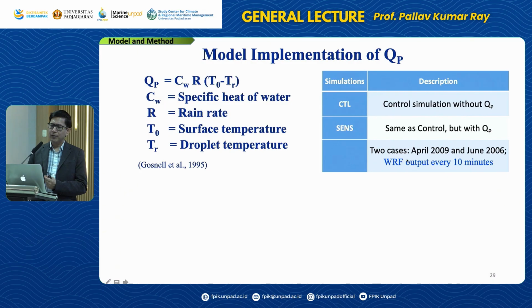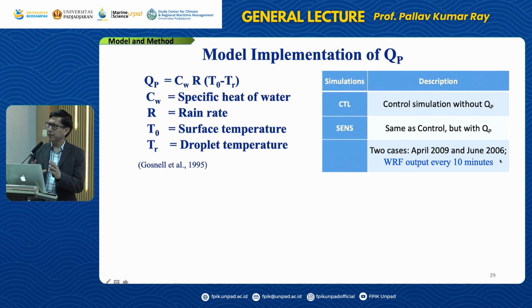We ran it for two cases. One is April 2009, the same case that I showed earlier, and the other is June 2006. The reason to choose those two times is that April 2009 was a very strong MJO, and June 2006 was a very weak MJO.